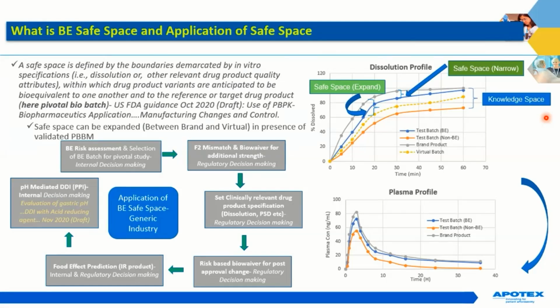Also, since the method gives a rank order correlation, meaning that the slower dissolution rate produces the slower plasma profile, with this rank order relationship we can establish the PBBM and expand the safe space beyond the biobatch data. The safe space is typically between the biobatch and the non-biobatch.